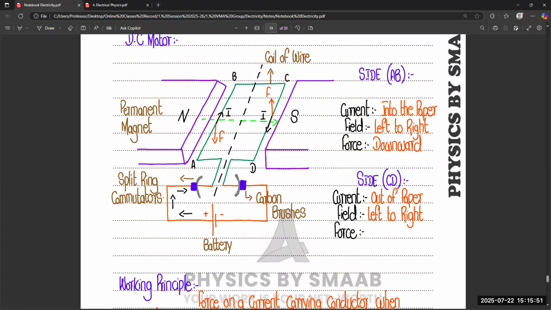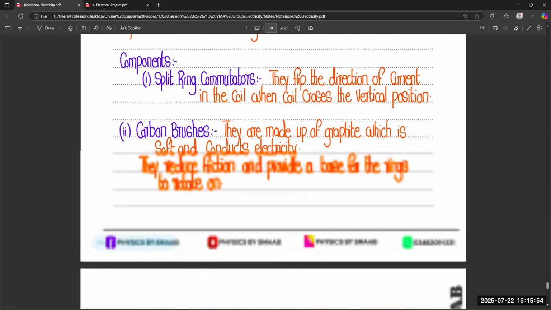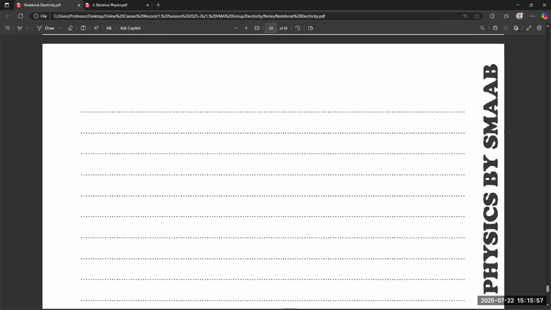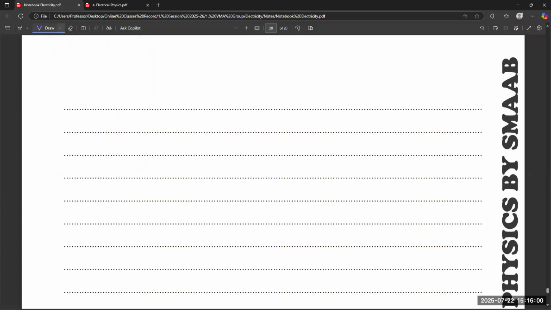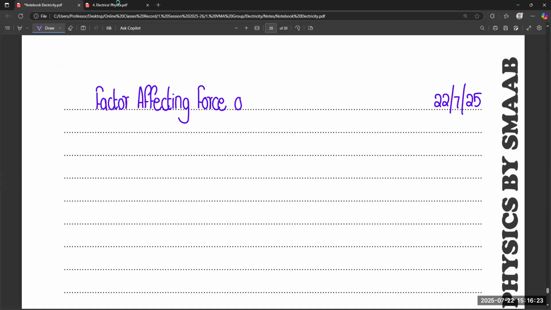And further, if we consider the DC motor idea, there are some factors also. Factors affecting force on a conductor.